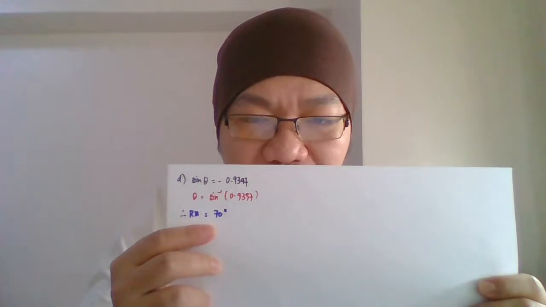So from here we can see that 70.00. So that means the answer is 70 degree. So theta, therefore RA equals 70 darjah. So your RA equals 70 degree.